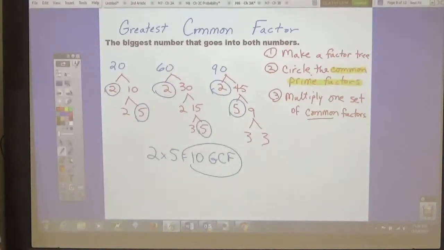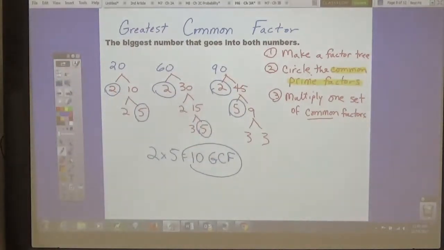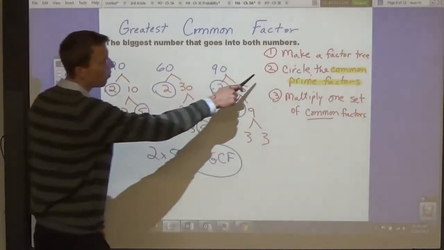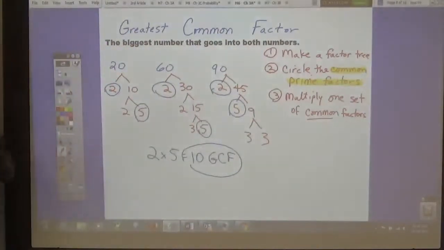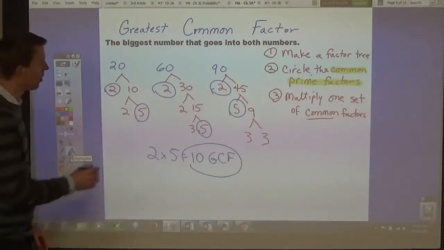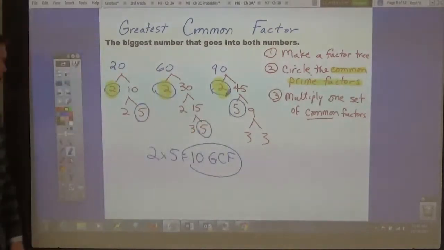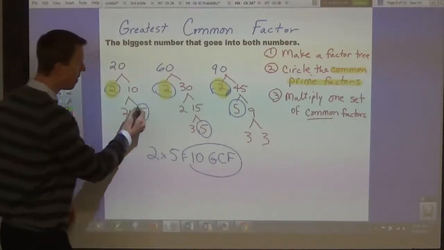Right? So once you have these listed, now circle the ones that are in all of them, the ones they have in common, the numbers that are in all of them. So there's a 2 in all of them, so I circled 1, 2, and there's a 5 in all of them.